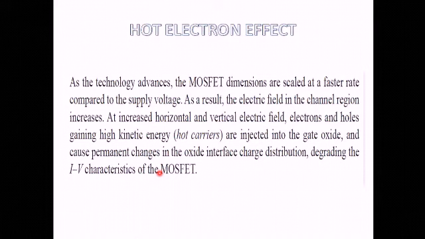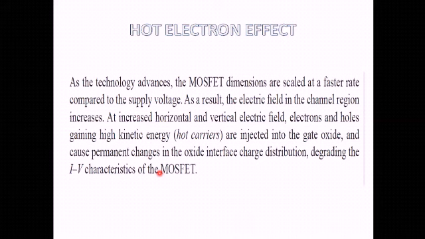These high kinetic energy electrons and holes are also known as hot carriers, which are injected into the gate oxide, resulting in the degrading of the IV characteristics of the MOSFET. So this was in short the hot electron effect of the small geometry effects.